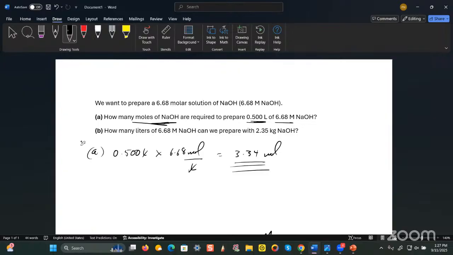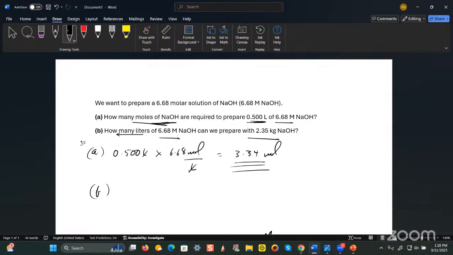Okay, now B is asking for the volume in liters. They gave you the molarity, it's the same molarity as above. And they also gave you 2.35 kilograms of sodium hydroxide. So in this case, they're asking for the volume in liters. So let me hear your ideas about this one.